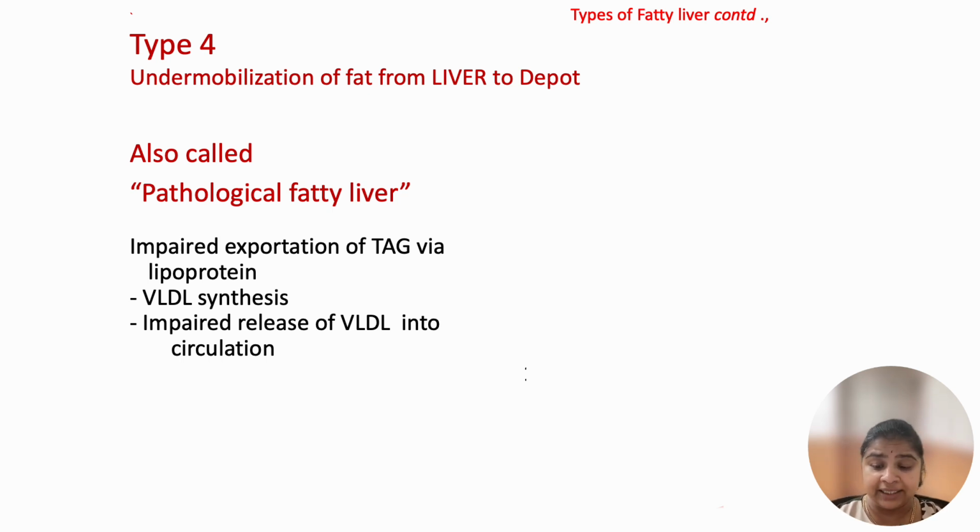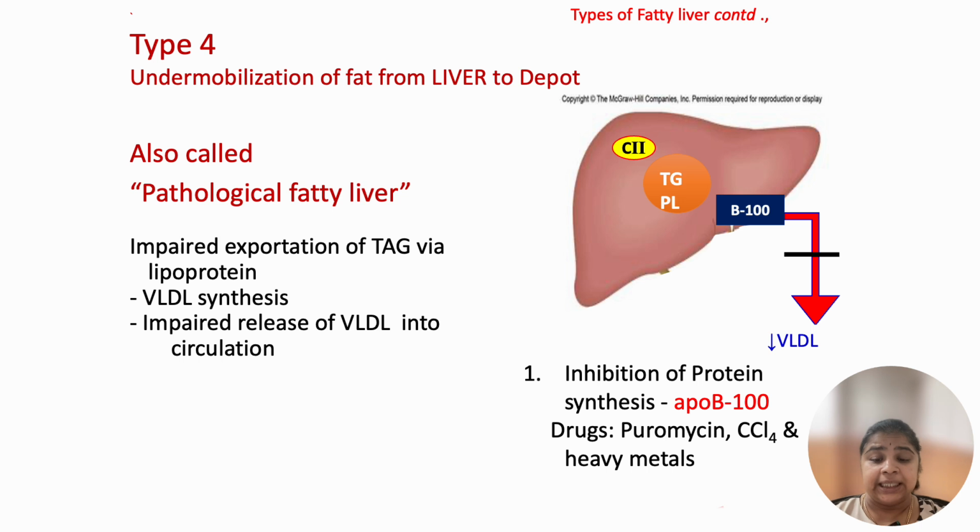B100 is required for VLDL, so if B100 synthesis is affected, VLDL is not synthesized and all this will get stored in fat. Inhibition of apolipoprotein synthesis happens with certain drugs like puromycin, carbon tetrachloride and heavy metal poisoning.